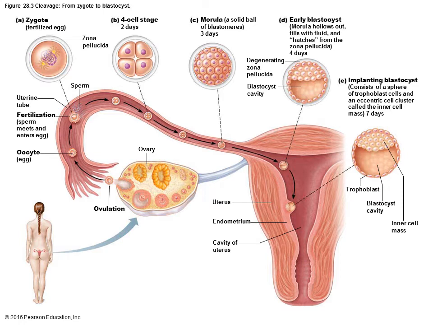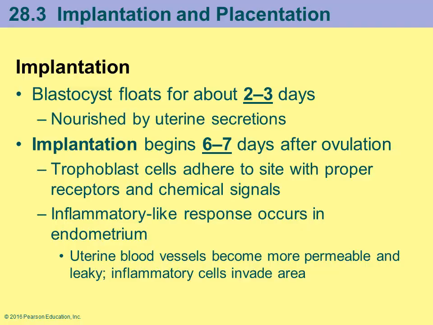After about 4 days, what we call the blastocyst at this point has entered into the uterus and must implant on the uterine wall. This will occur usually in a couple days after entering the uterus. The endometrium has been prepared for the implantation to occur.